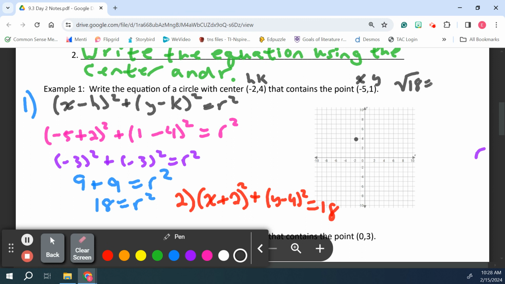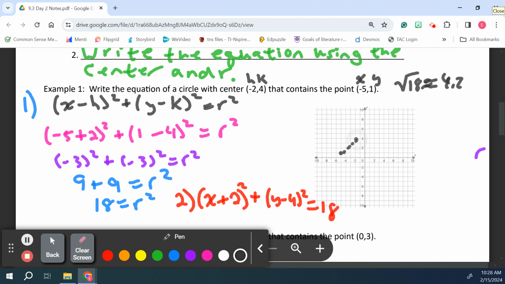So about what is it? Yeah, so about 4.2-ish, right? Okay, so about 4.2. Now, one thing we do know is that we have a point, (-5, 1). So here's negative 5, up 1.